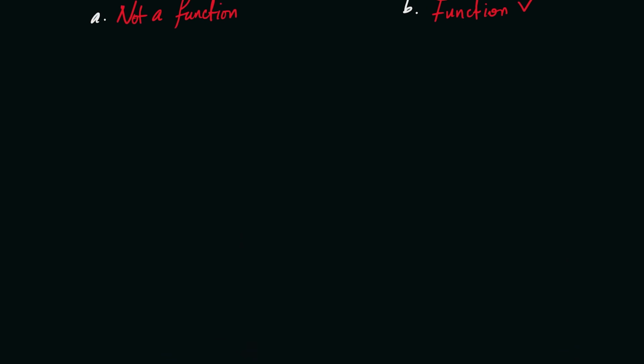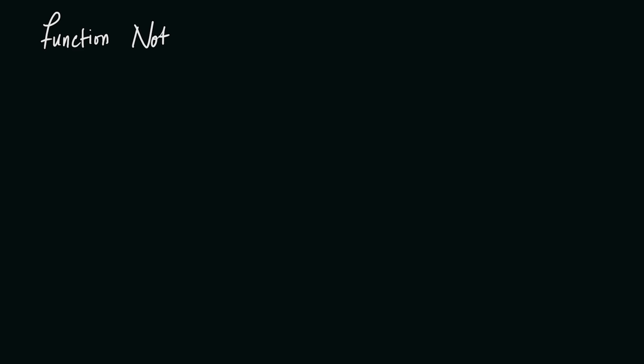Now, earlier we mentioned function notation, like f of x, g of x, right? The whole point is that we just use it as a notation, so we call it the function notation. Now, the function notation here, the device with the mapping and everything, let's say we have f of x.